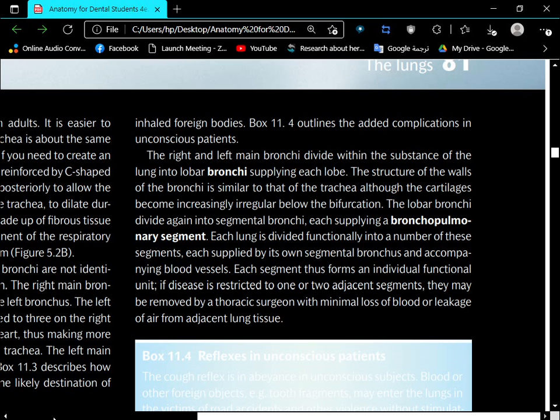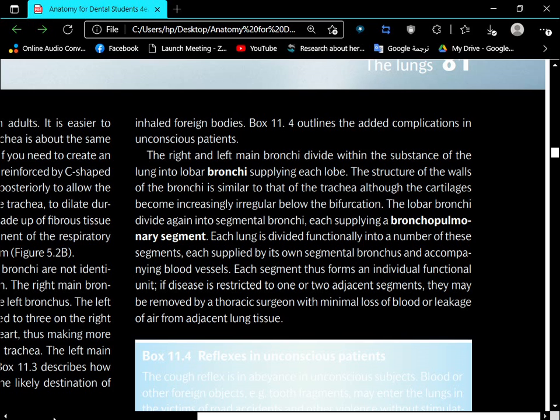The lobar bronchi divide again into segmental bronchi, each supplying a bronchopulmonary segment. Each lung is divided functionally into a number of these segments, each supplied by its own segmental bronchus and accompanying blood vessels.